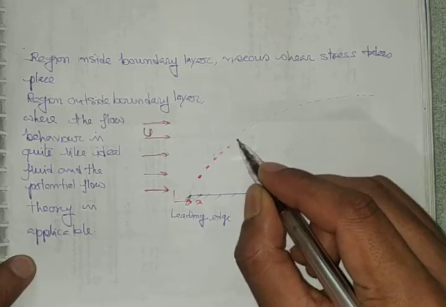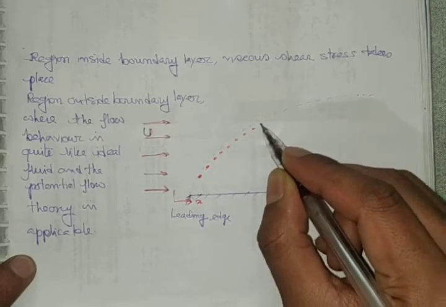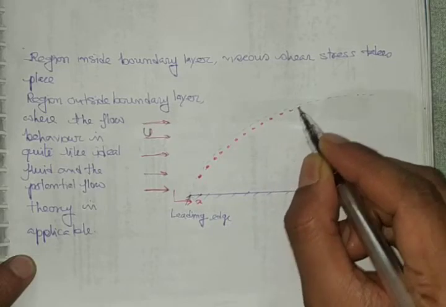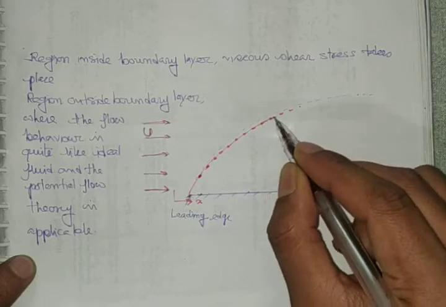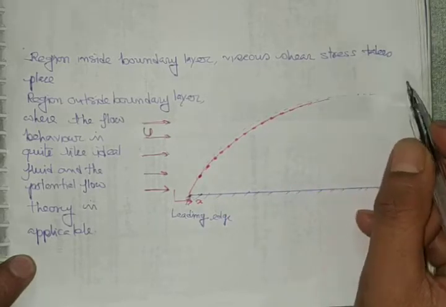And if these points can be connected by using one line, then it is called the boundary layer.